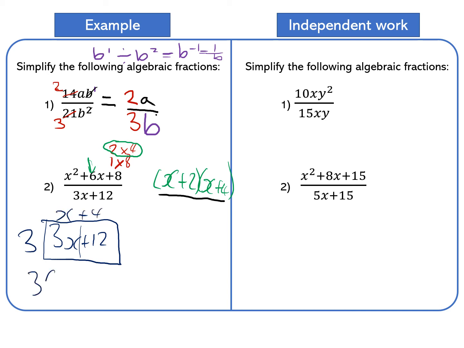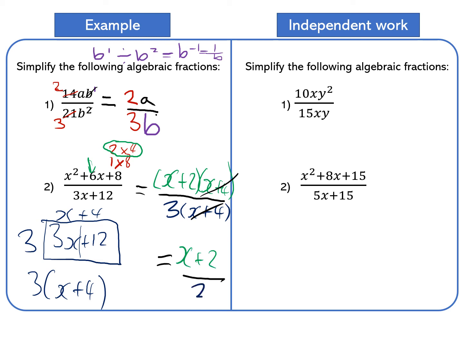So that's 3 bracket x plus 4 as my denominator, and what we can see is these two are equal, so they cancel out, and that leaves me with my final answer of x plus 2 divided by 3.